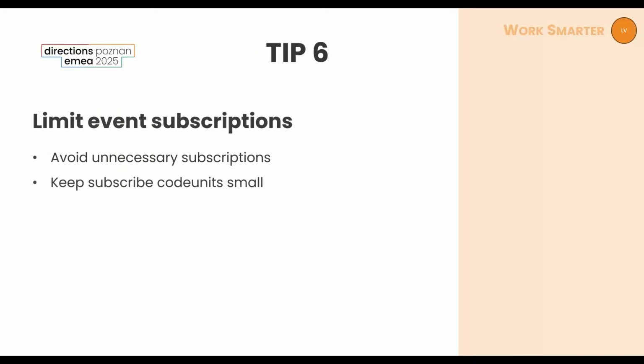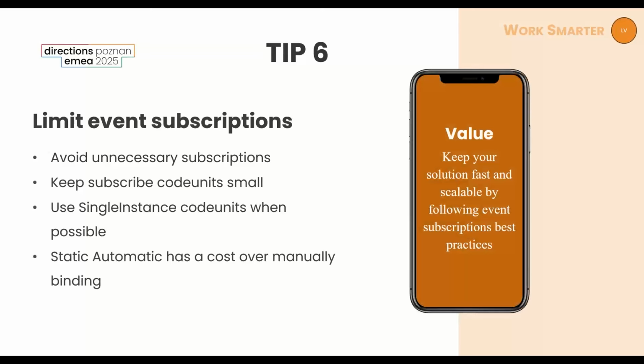Tip 6, limit event subscriptions. I think event subscription doesn't need any introduction here. But what might be new to some, or relevant to refresh, is that we have so many events now. Microsoft already over a year ago started to make an inventory in the sense of, wait, this is going to be too big. What can we leave behind?